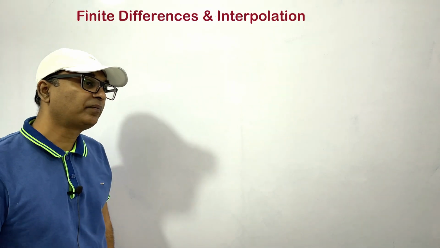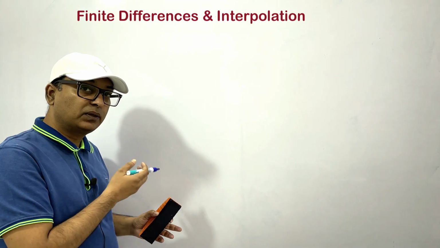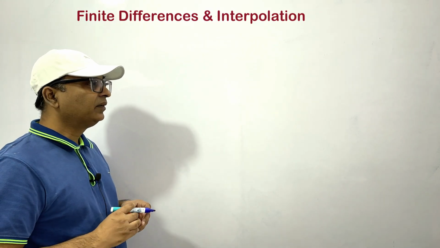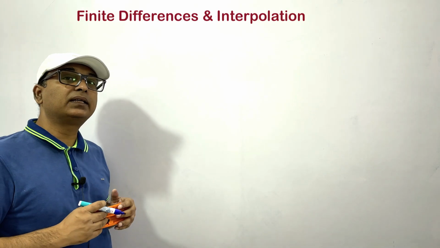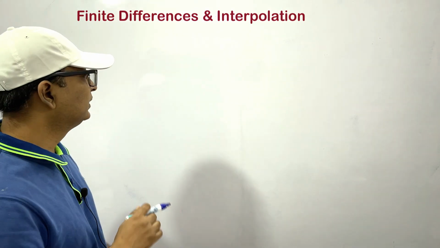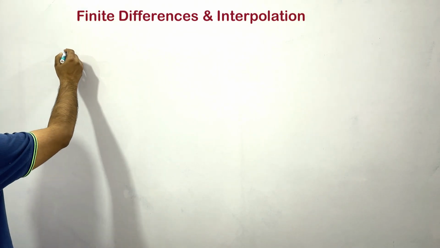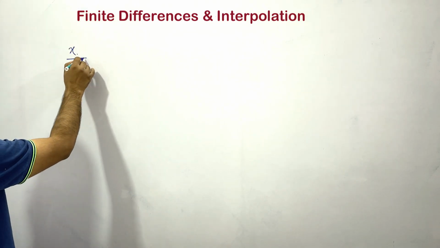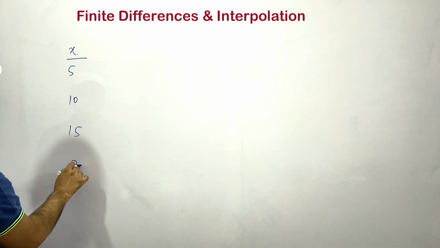Now, the second thing, how do we solve this? How are we able to interpolate or extrapolate? We do this by a method employing a technique which is called finite differences. What are finite differences? Let's say our values are 5, 10, 15, 20.